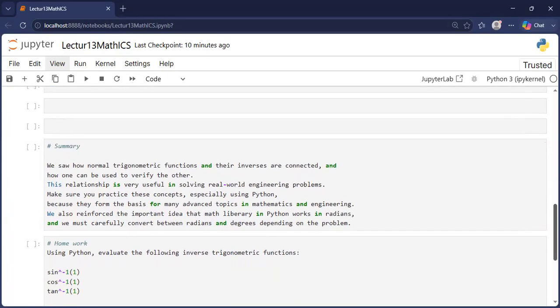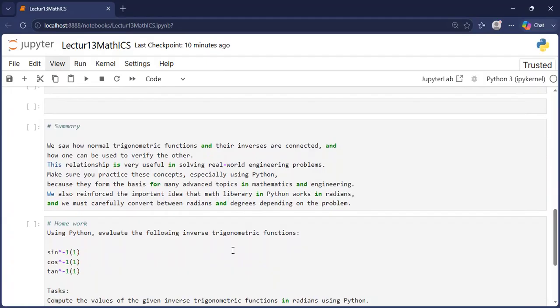Now to summarize, we saw how normal trigonometric functions and their inverses are connected, and how one can be used to verify the other. You can take the angle as input, find its sine, and verify it by finding its inverse. The important thing is the radians: the math library deals in radians. So if you have the angle in degrees, degrees must first be converted into radians.